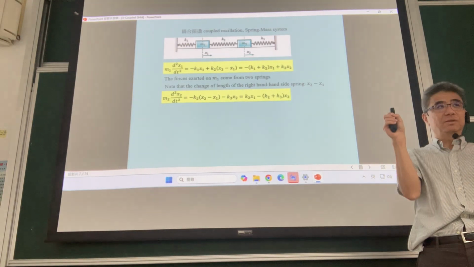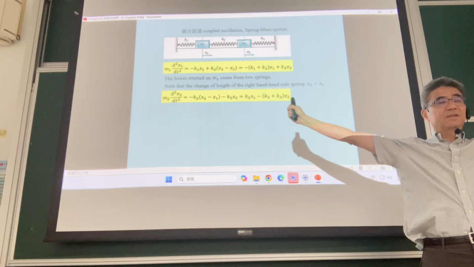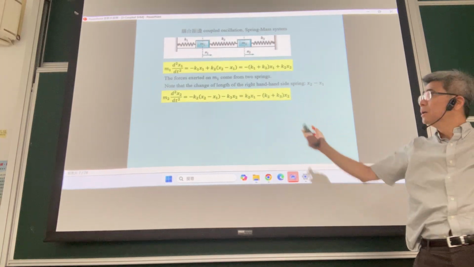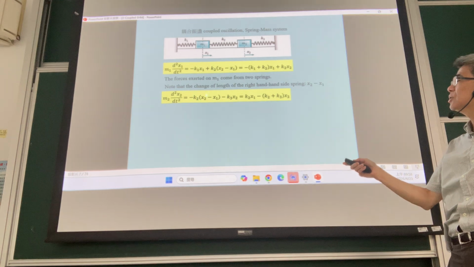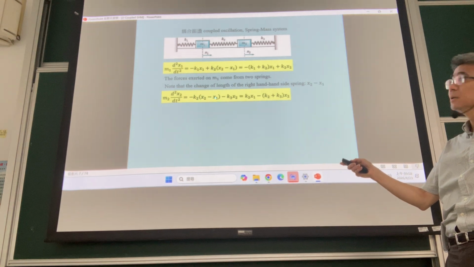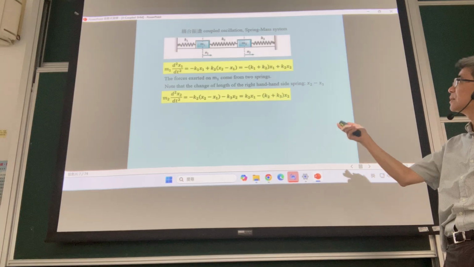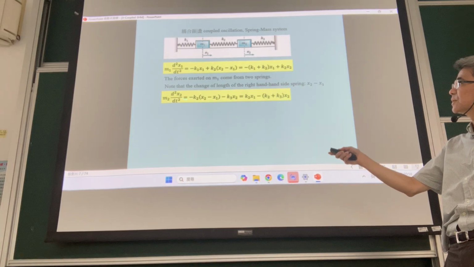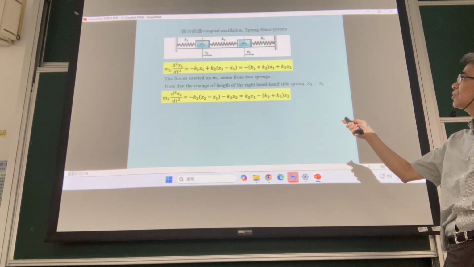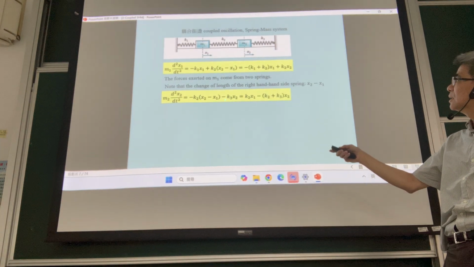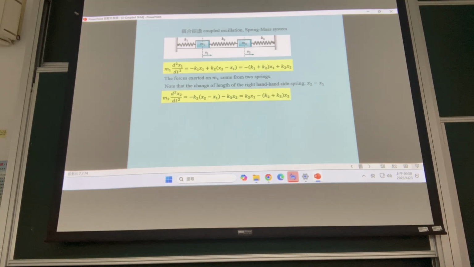Remember, this K2 exerts the same spring force on both sides, by Hooke's law. But for M2, this direction is positive, so this is a negative sign. And then K3 will exert a force on M2, so it's minus k3 x2. I think that's right.